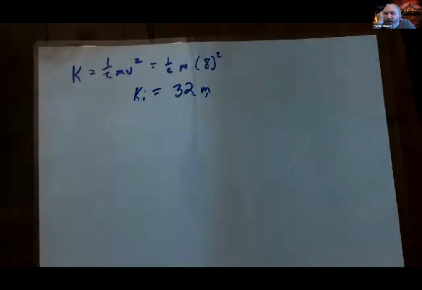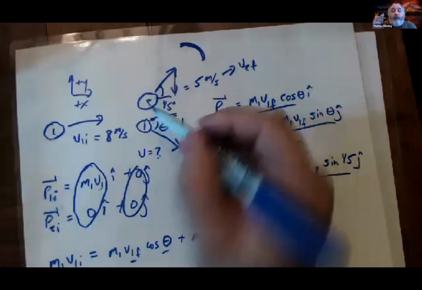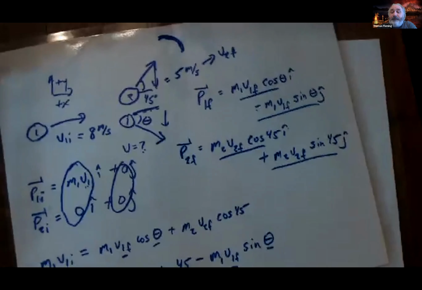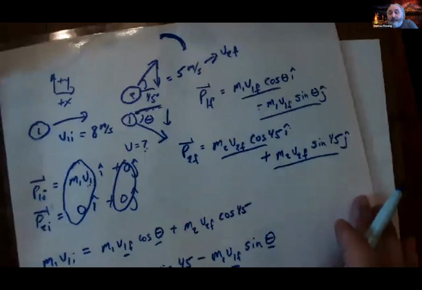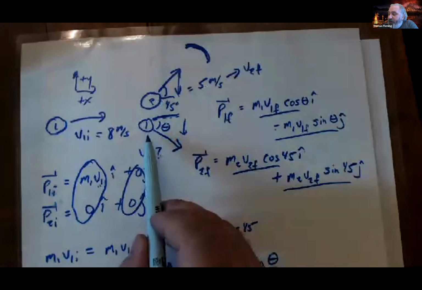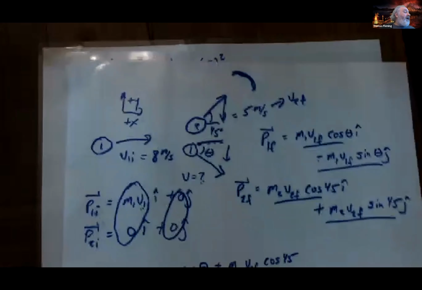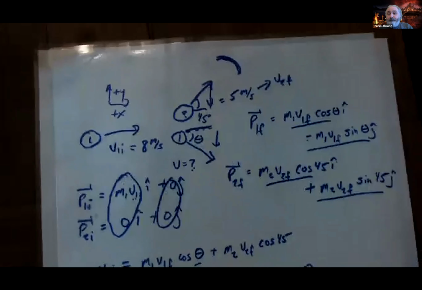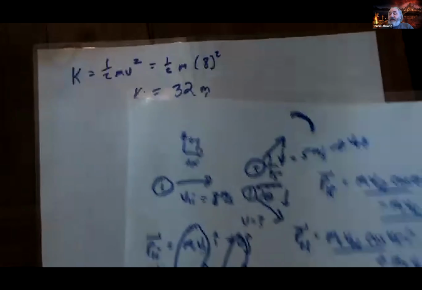What about my final kinetic energy? Well, after the collision, both objects are moving, so they're both going to have some kinetic energy. I'll have to just figure them out separately. Now, I know that this guy is moving at a speed of 5. This guy is moving at a speed of, what did we get for our answer? 5.69? So how much kinetic energy is that going to be?